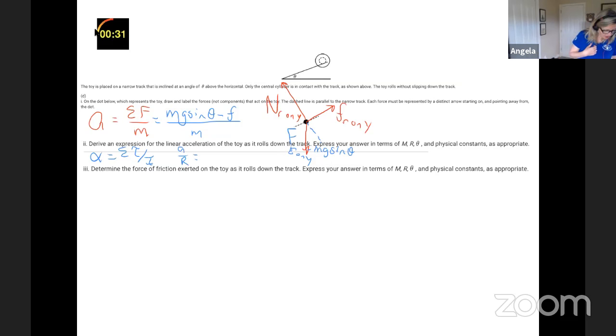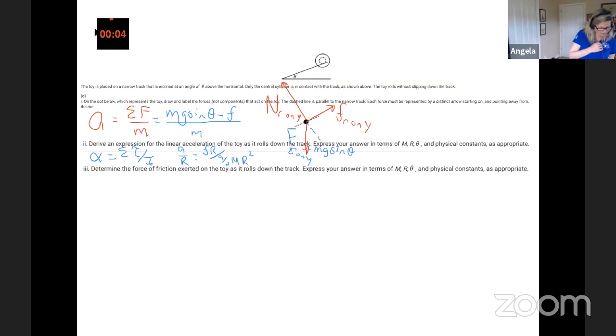So it'd be friction times radius over, now we already got the rotational inertia. Wasn't it 9/2? I think we already got I. Where did I put it? Oh, 9/2 mr squared. Okay, so it's 9/2 mr squared.